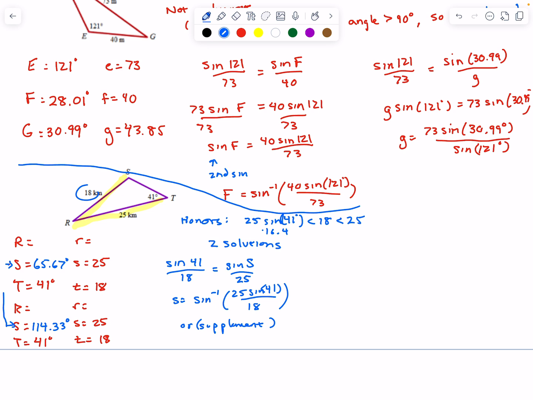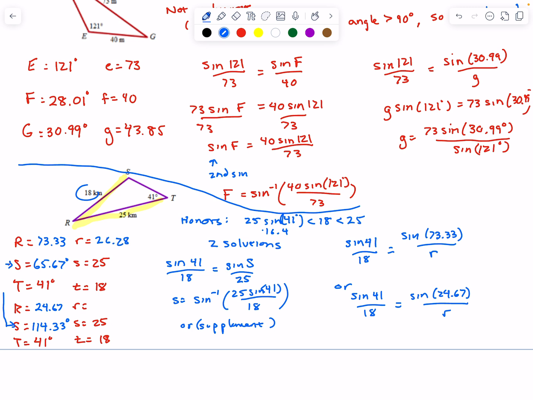Okay, and then we can find R next. And last, we set up two proportions to figure out the two little r's. So, okay, you get your two R's.